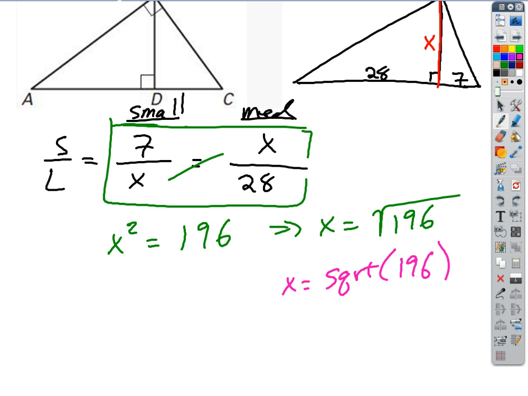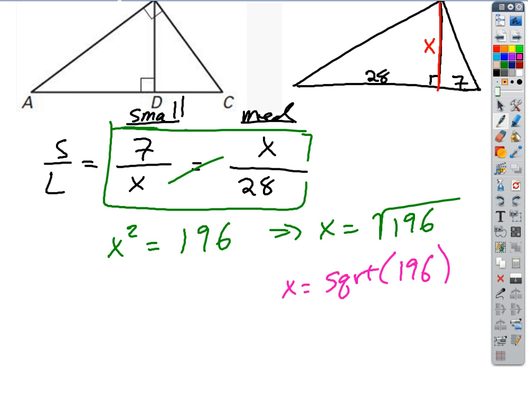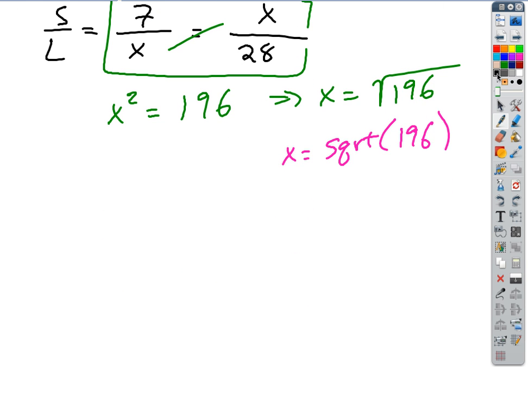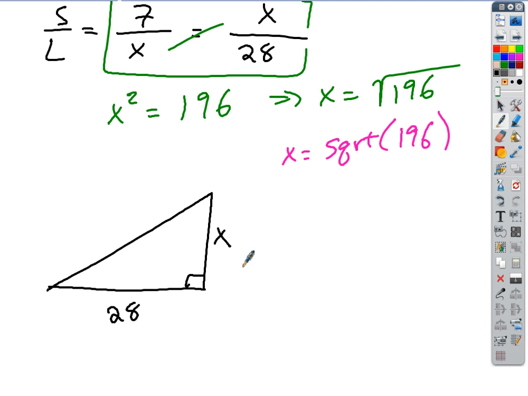So if I took the medium triangle, for example, that's the one that's got 28 and x. Let's just draw that by itself. Right? And then next to it, we'll take the small triangle and put it in the same orientation. So we can see that this side goes with that side goes with that side.